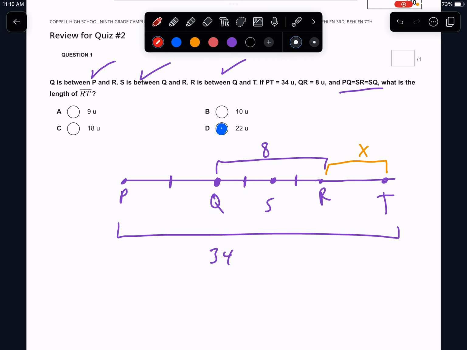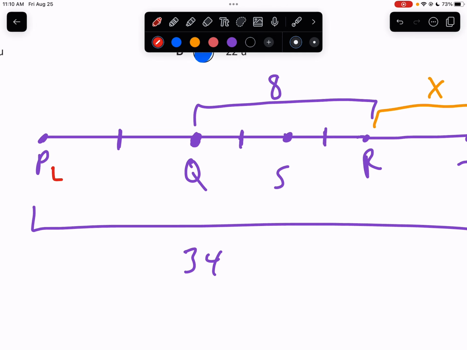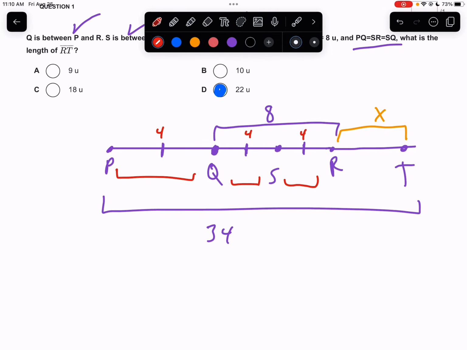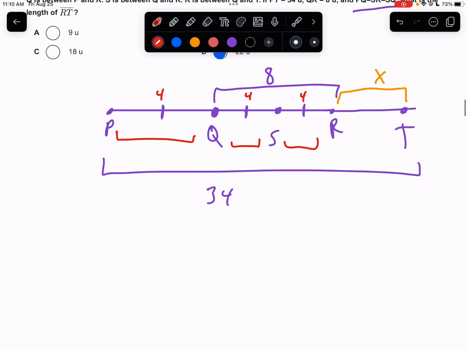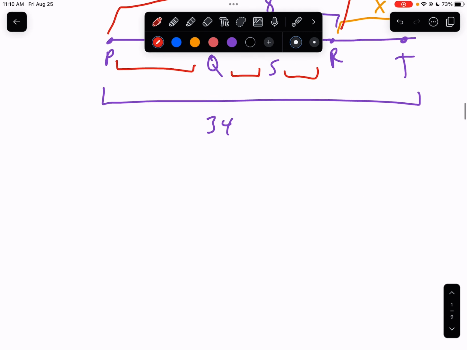All right, so let's go through. What do we know? Well, we know that these three sections are the same size. Well, if these two sections add up to 8, they have to be 4 and 4, which means this section is also 4. So we know that from P to R, this entire section is 8 plus 4, or 12.